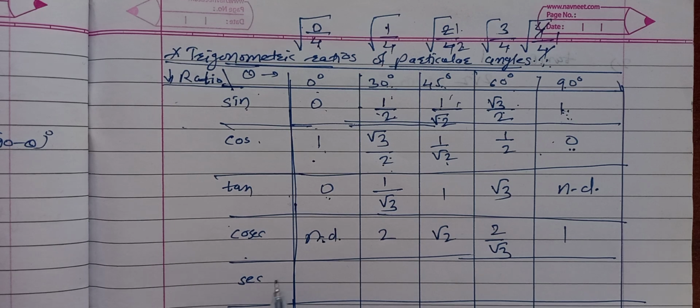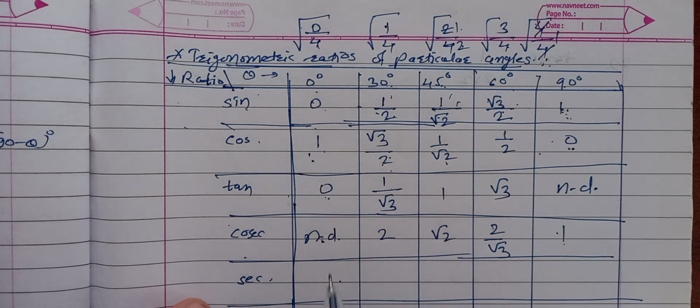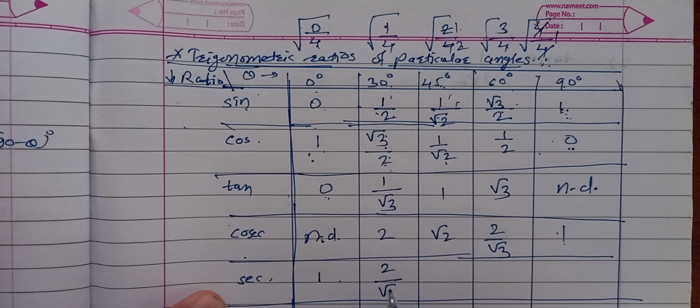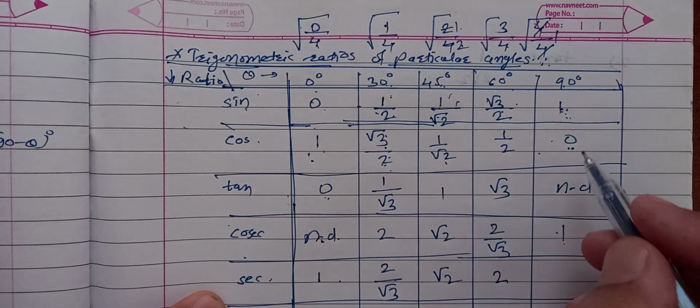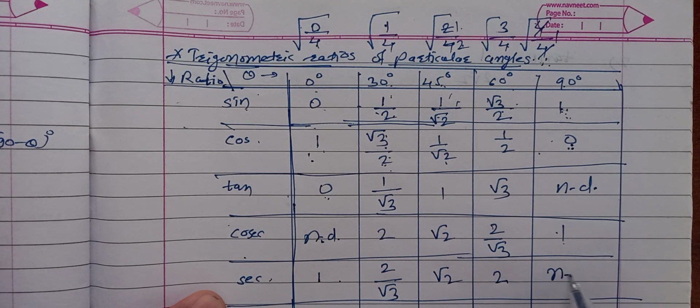Then sec is the inverse of cos, so we can write the opposite of this one. Inverse of cos is 1, inverse of 2 is root 3, inverse of 1 upon root 2 is root 2. And this one 0 upon 1 means 1 upon 0, not defined.